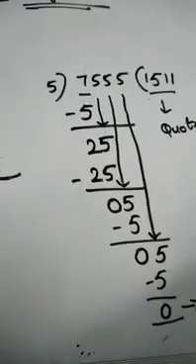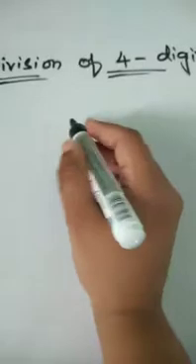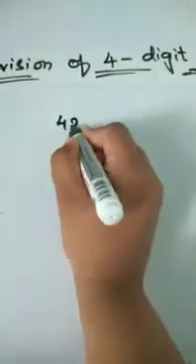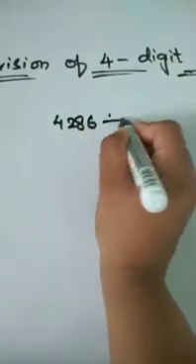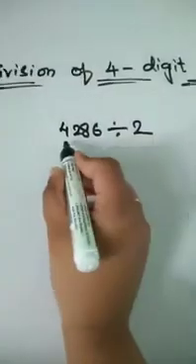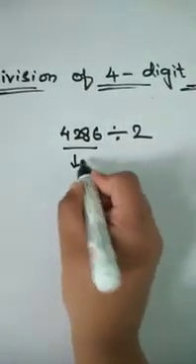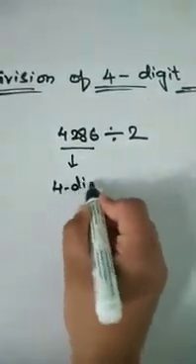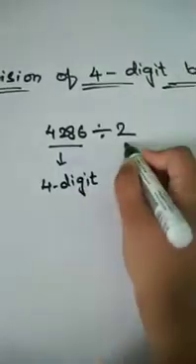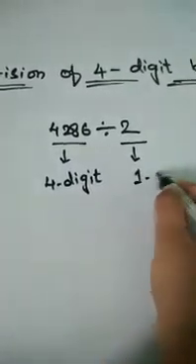Okay, one more problem we will do. 4286 divided by 2. This is 4 digit and this is 1 digit.